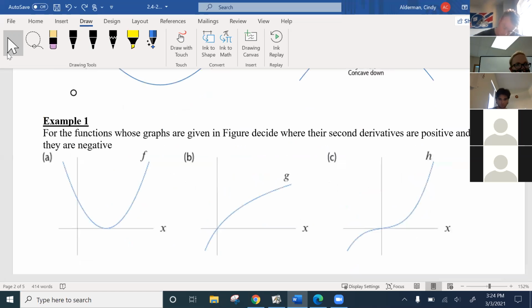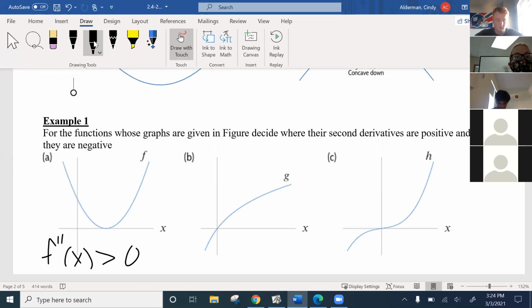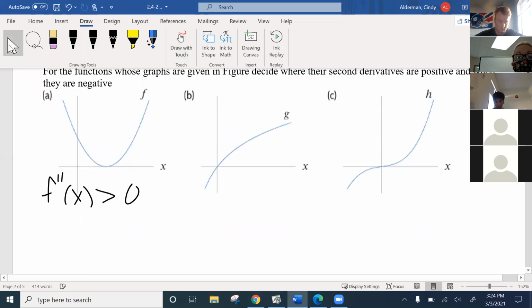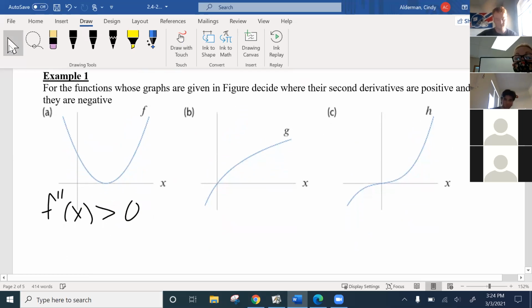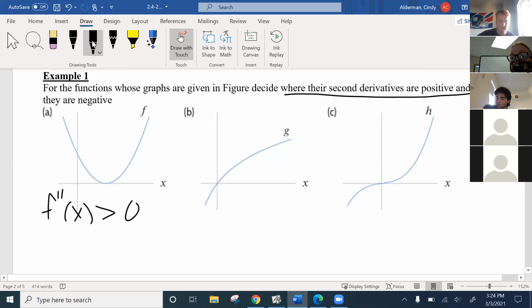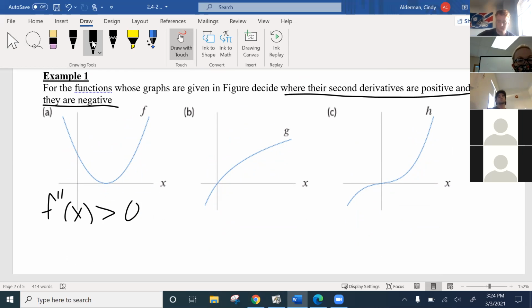Well, in the whole graph, this is all concave up, right? So f double prime is positive everywhere on this whole graph.